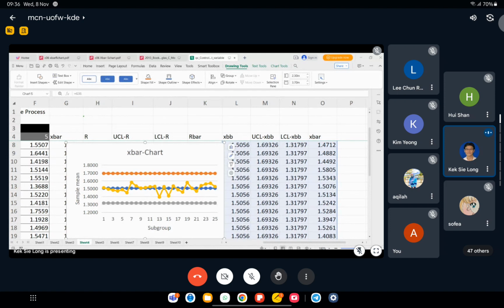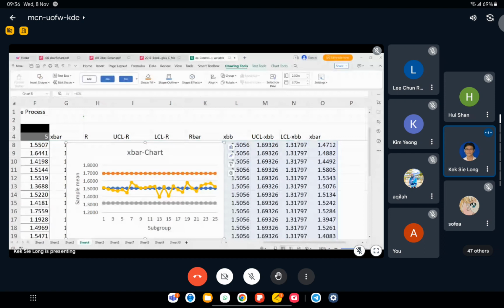The second thing is, from the control chart, can we interpret something? Now, of course, this is in phase one. Once we get the R control chart and X bar control chart, we want to observe, does any point go out of the control limit?